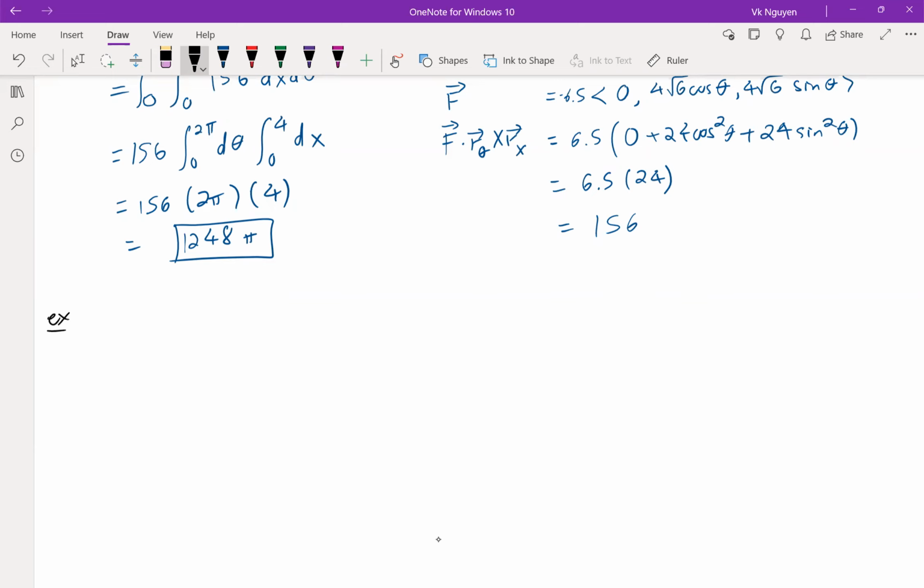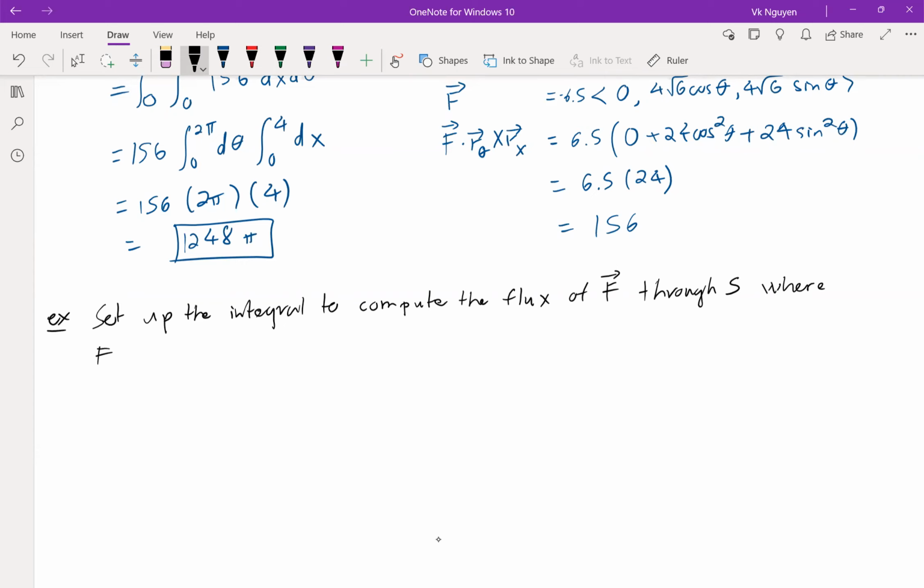Set up the integral to compute the flux of F through S, where the vector field F is xy plus 2xz, x square plus y square, xy minus z square.